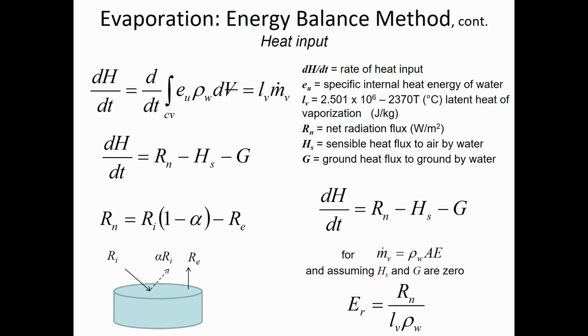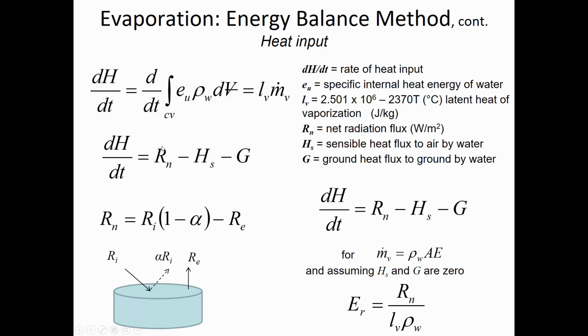So evaporation is consuming some of the energy. It will be the difference between what goes in and what goes out. So we calculate that net radiation, and then we subtract out things like how much energy is being lost because if the water is warmer than the ground, you're going to have some energy lost through ground heat flux. You're also going to have some energy that's lost as the water heats up the air that's right above the liquid surface.